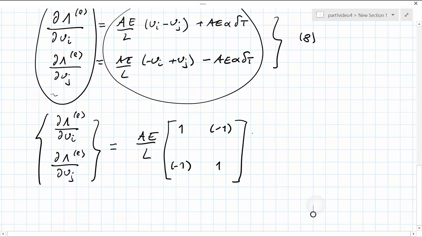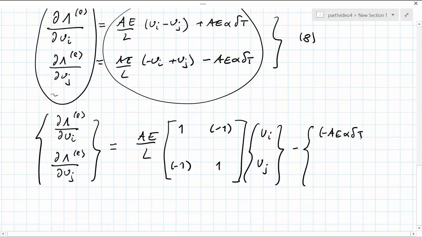And this is then multiplied by a vector containing ui and uj, and then a final vector of constant terms, which are basically our internal element forces, minus AE alpha delta T, AE alpha delta T.